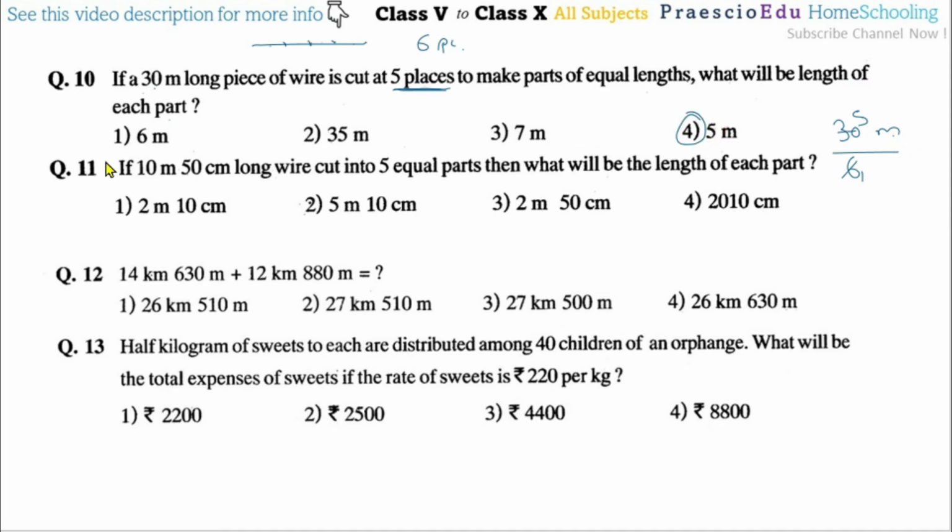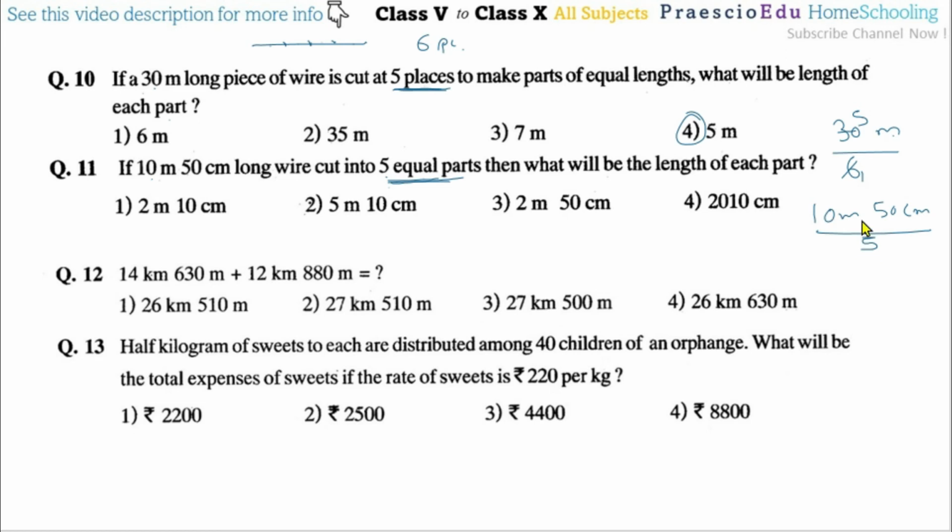Now question number 11: if a 10 meter 50 centimeter long wire is cut into 5 equal parts, what will be the length of each part? Here equal parts are mentioned, not places of cutting, so the parts are already given. We have to directly divide the total length by 5. So 10 meter and 50 centimeter divided by 5.